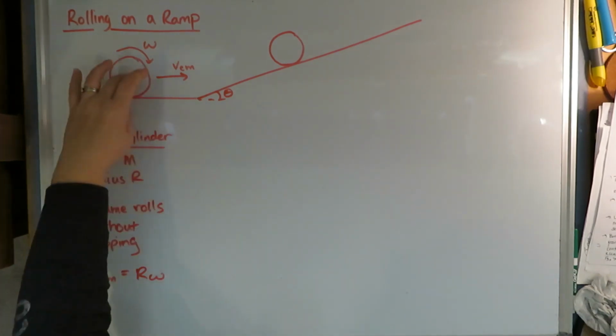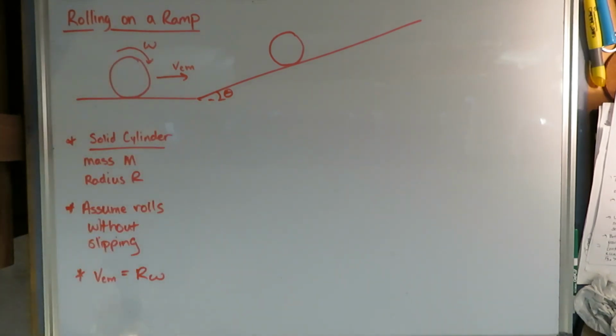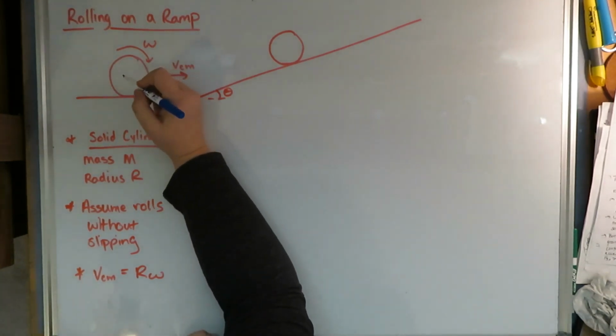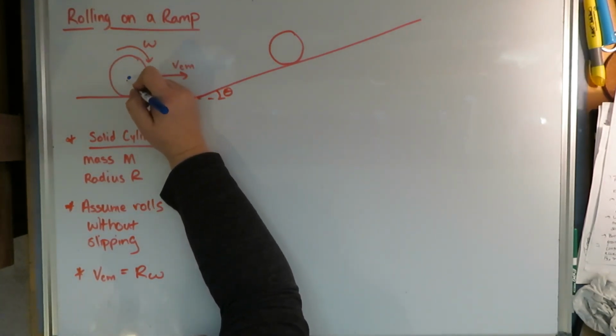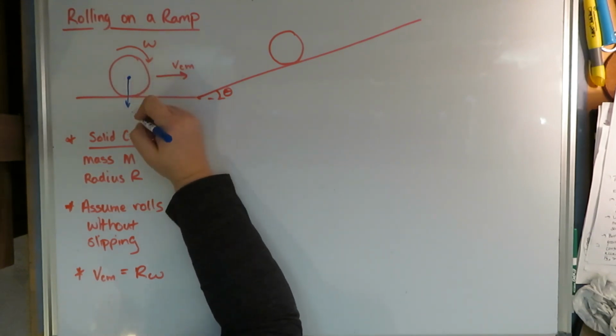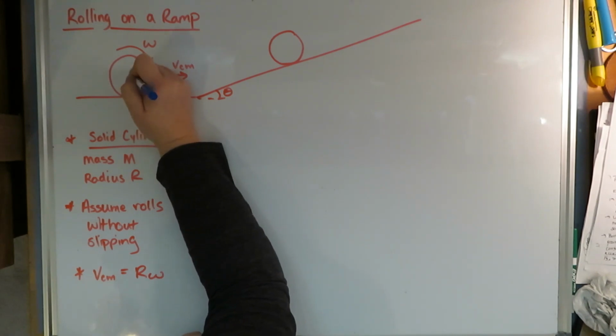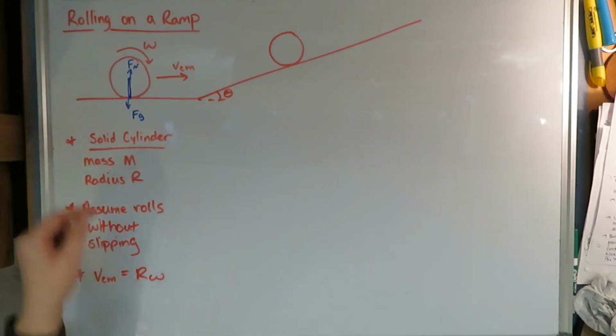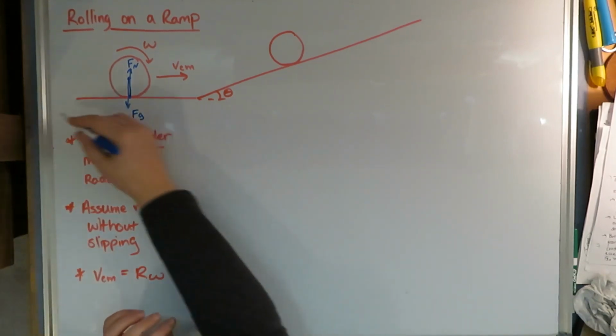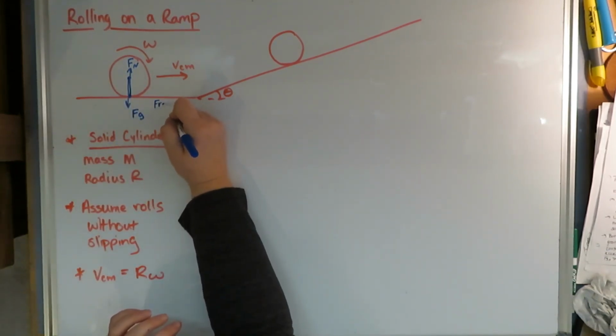So when it's on the flat surface, when we look at the forces that are acting, there is going to be a gravitational force acting at the center of mass. There is going to be a normal force acting. And generally what we assume is that this surface here, when it's flat, is frictionless.